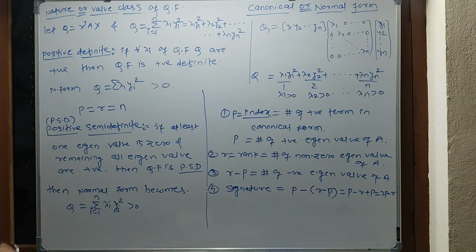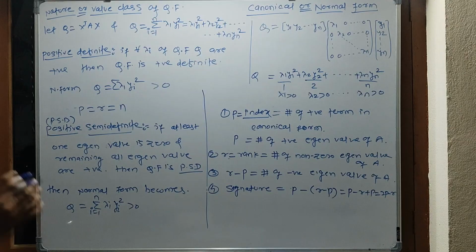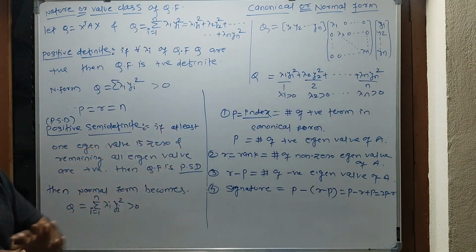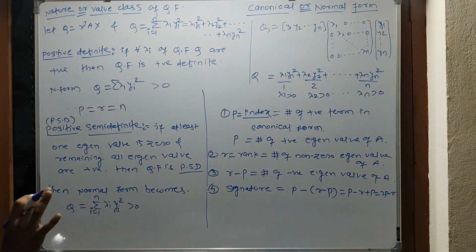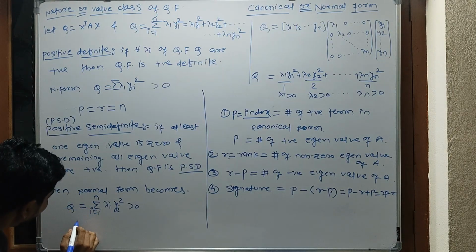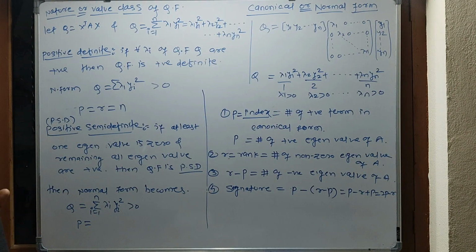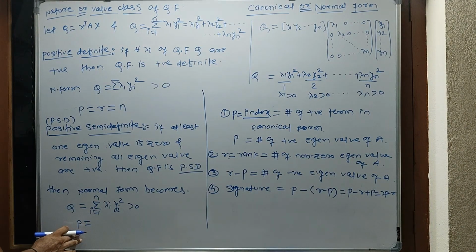Now in this case, what is the relation between p, r and n? All the eigenvalues are positive except one. I am taking at least one, let's say one eigenvalue is 0. Then p is the number of positive terms, or you can say positive eigenvalues, and r is the number of non-zero eigenvalues. Can I write p equal to r?